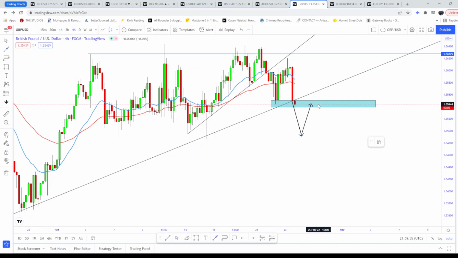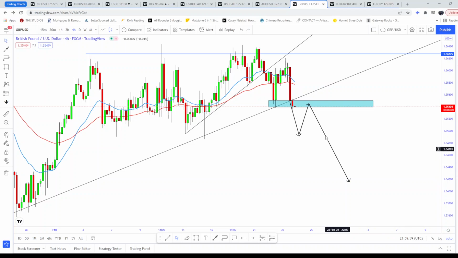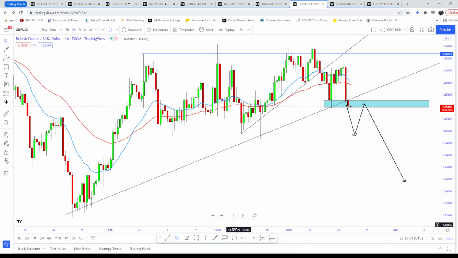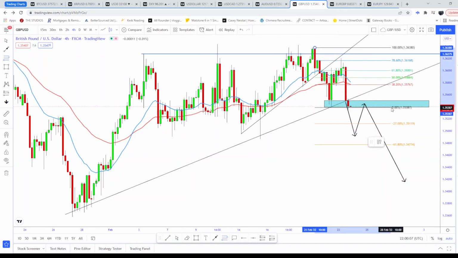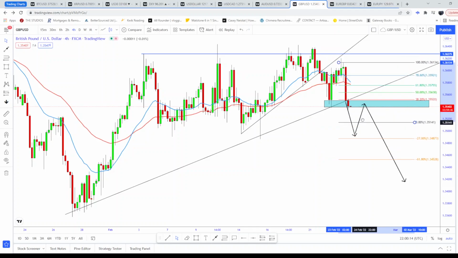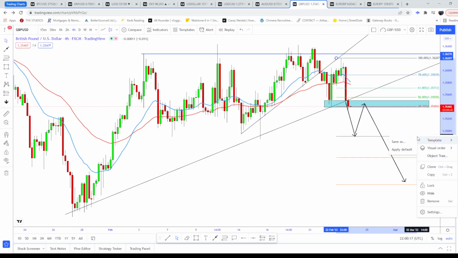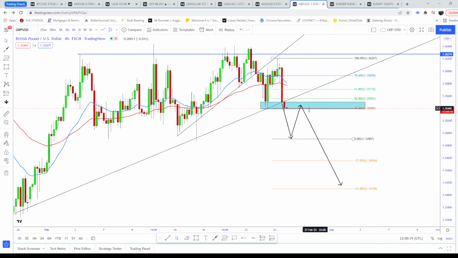If it shows some bearish momentum, so some bearish candlestick formation, I would like to see it come further down. So this could be applied using the Fibonacci as well. So if you entered around there on the lower time frames, that's excellent. But if you haven't, this is sort of the trade that I'm looking to get into next.